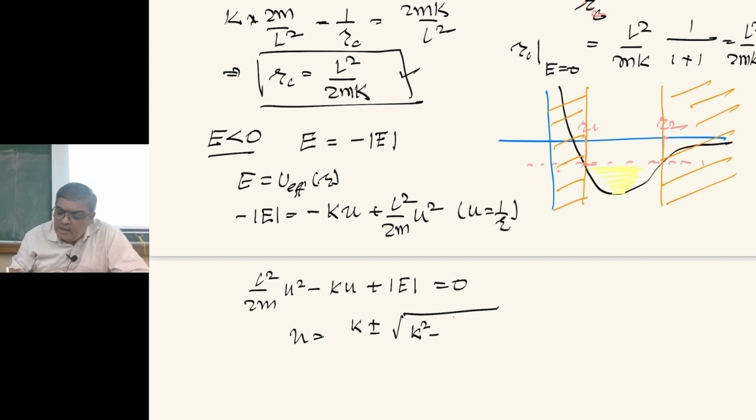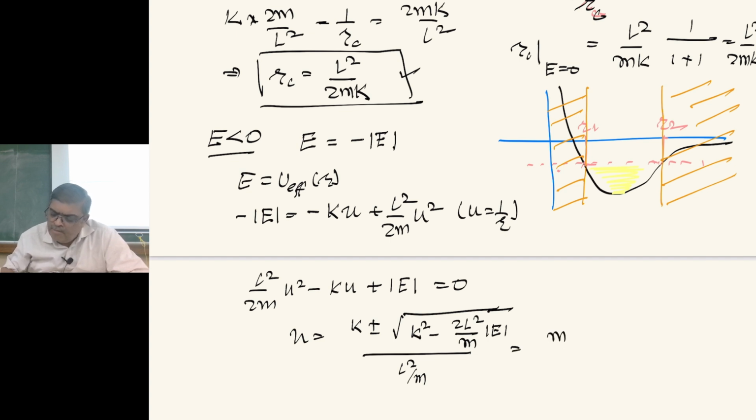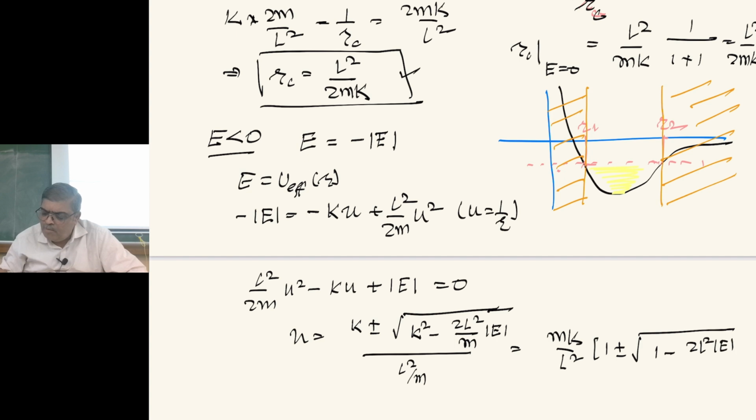So there will be a minus sign here, and this is going to be twice L squared by M and modulus of E. Then I have to divide this by L squared by M, which can be written as MK by L squared into 1 plus minus square root of 1 minus twice L squared modulus of E by M K squared. That's what I'm going to get.